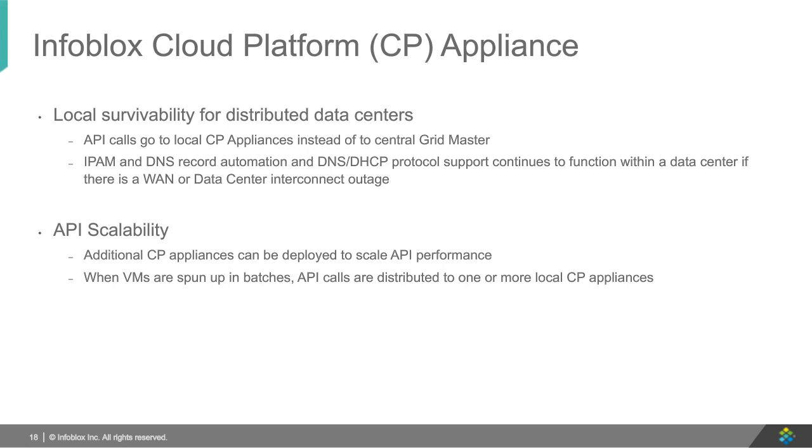The scaling becomes very easy. You just have to deploy that and connect it to our grid. You don't have to worry about any of the other things there. So broadly, this is what a CP appliance is, and what value it provides to the customers.